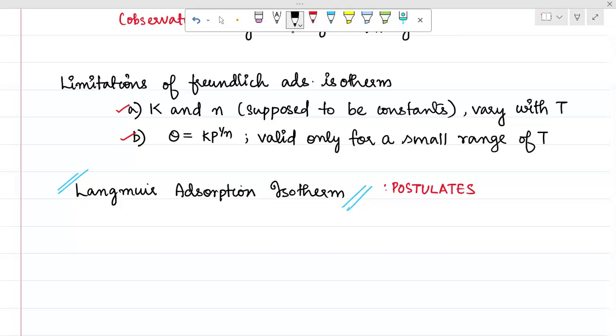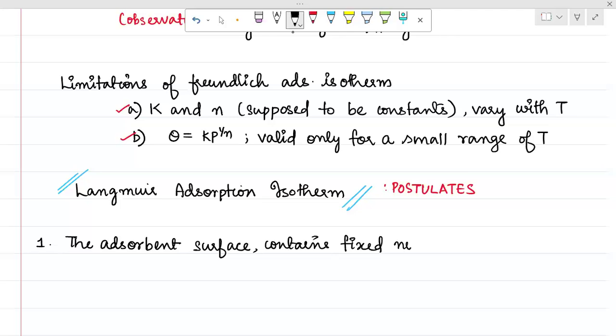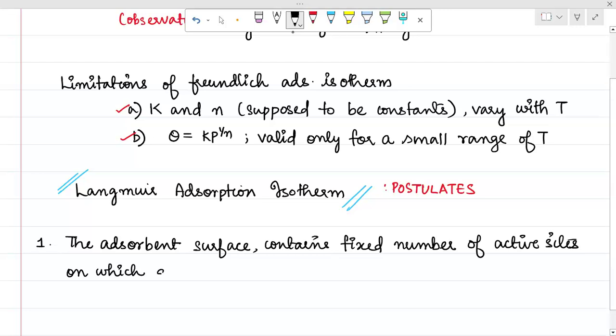Okay, so the first postulate: the adsorbent surface contains a fixed number of active sites on which gaseous molecules can adsorb.